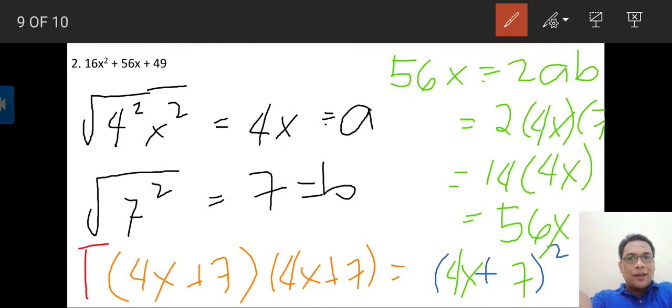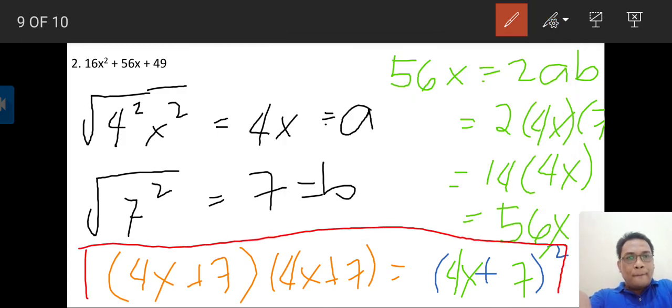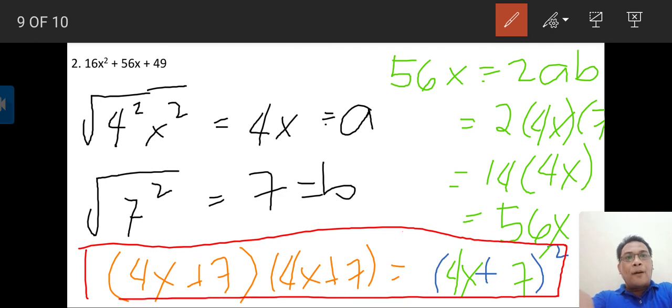So that will be the factored form. Okay, so that is the first part of factoring special products when it comes to factoring polynomials.